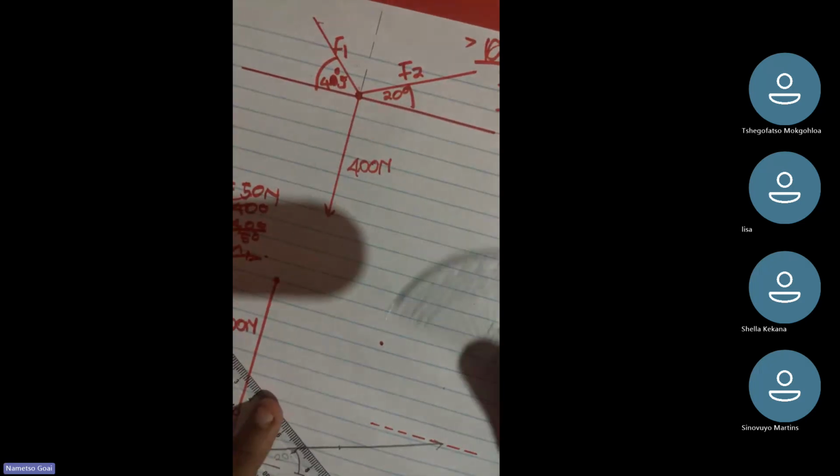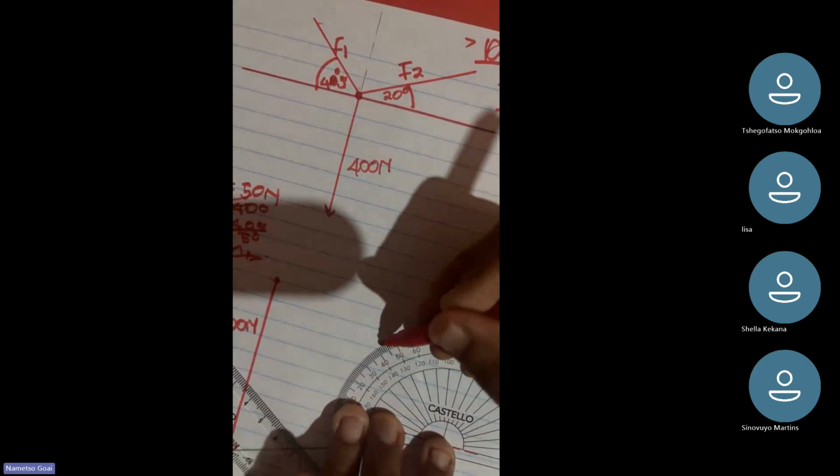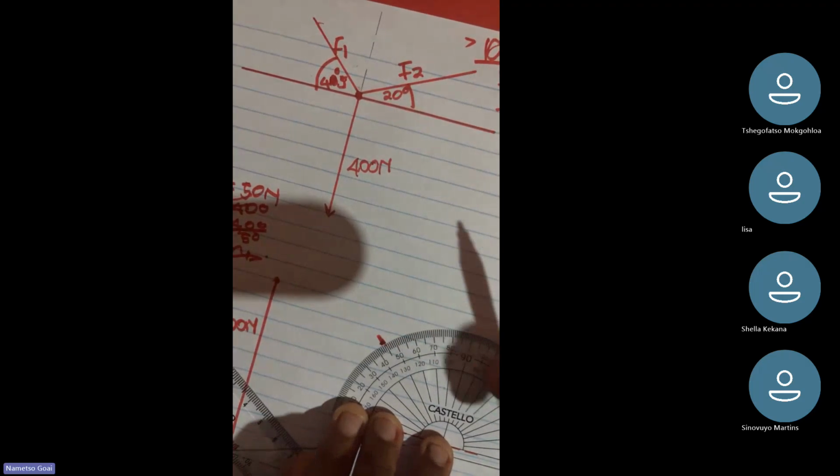This is where my 45 degrees is. So if I connect using that, can I just extend this 400 Newton?